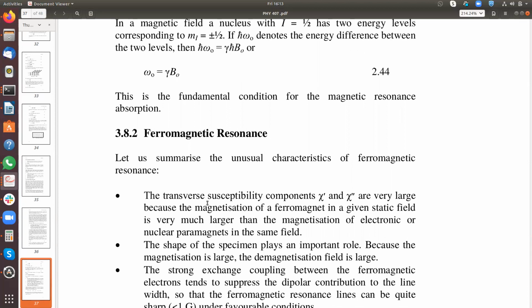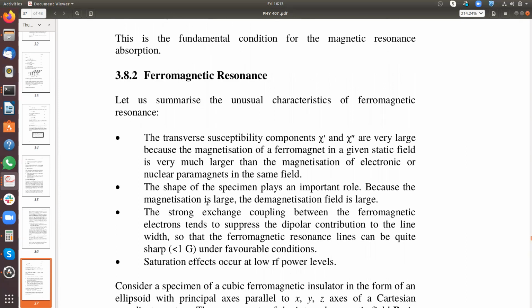Then the next thing we are going to be discussing is ferromagnetic resonance. Let us summarize the unusual characteristics of ferromagnetic resonance. One, the transverse susceptibility components, chi1 and chi2, are very large because the magnetization of a ferromagnet in a given static field is very much larger than the magnetization of electronic or nuclear paramagnets in the same field.